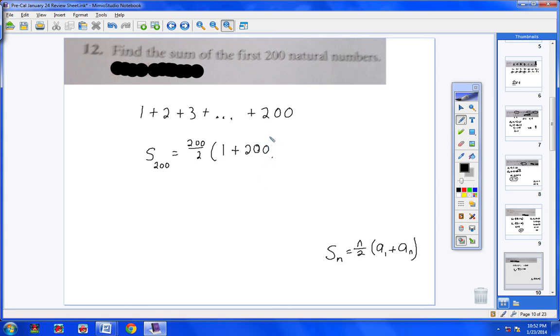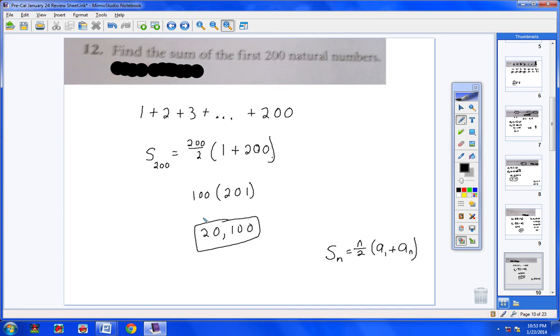Alright, so now I have 100 times 201. And of course that would give us 20,100. So there, we found very quickly the sum of the first 200 natural numbers.